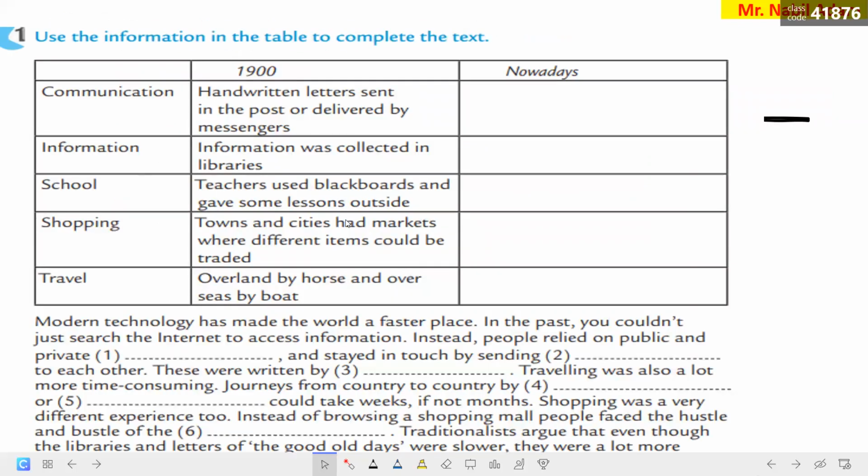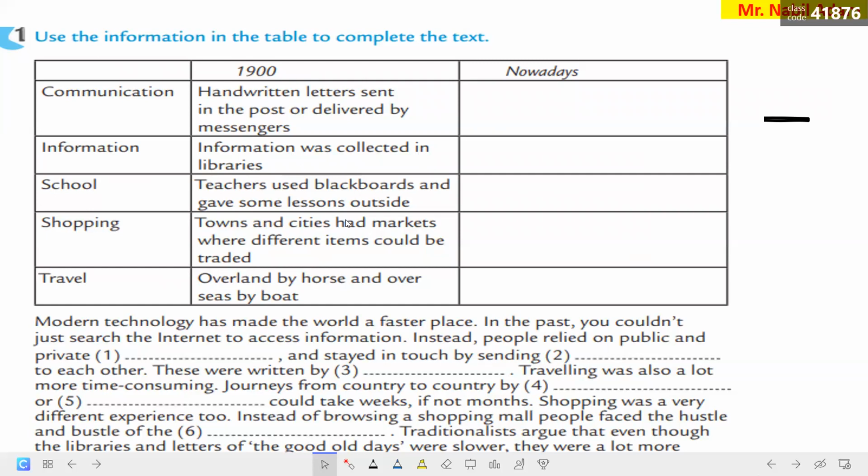Now, exercise number 1, use the information in the table to complete the text. You are going to read the table and then complete the text. Then complete nowadays, communication, information, school, shopping, traveling. We are comparing life in the past and life nowadays.